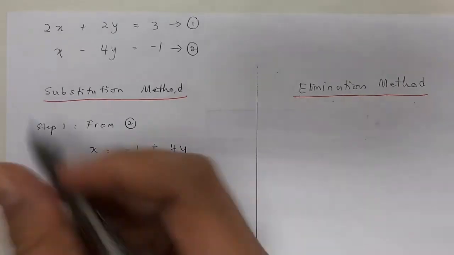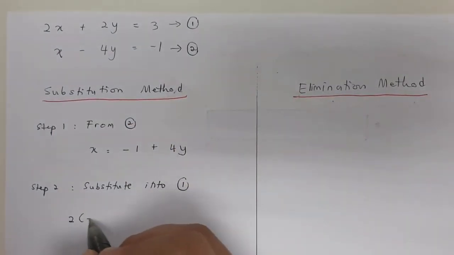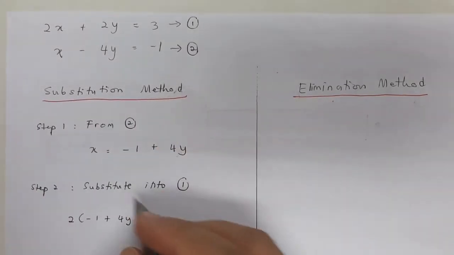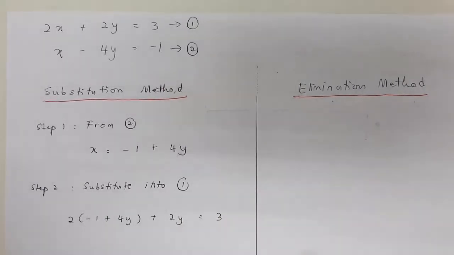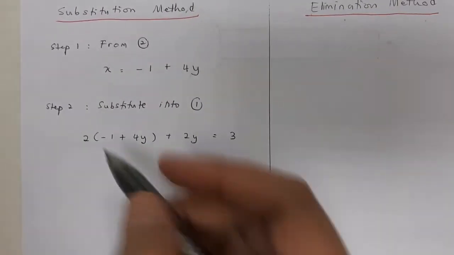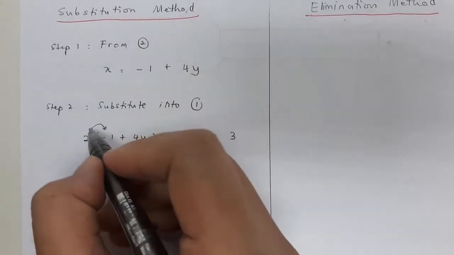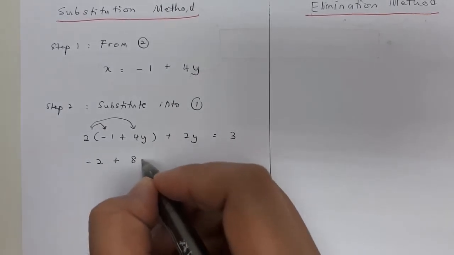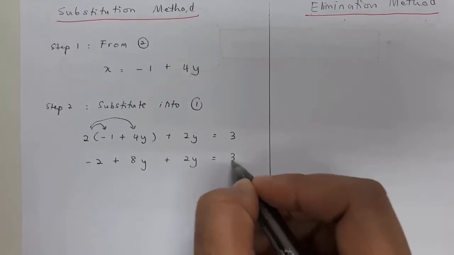So instead of x, substitute negative 1 plus 4y. The rest just follow: plus 2y equal 3. Okay, expand. 2 multiply negative 1, negative 2. 2 multiply 4y, plus 8y. Plus 2y equal 3.